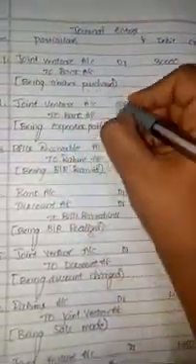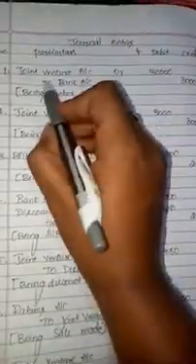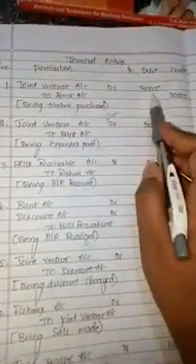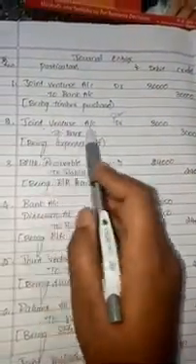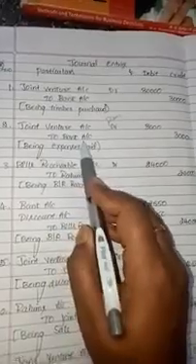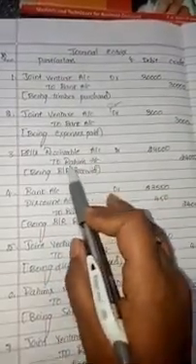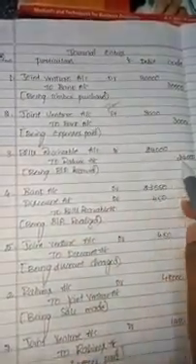Now we need to prepare the journal entries. See, the timber purchased by Ram, so joint venture account debit to bank account, purchase in the joint venture activity 30,000. Expenses paid by Ram, so joint venture account debit to bank account 3,000. Bills received, so bills receivable account debit to Rahim account 24,000.